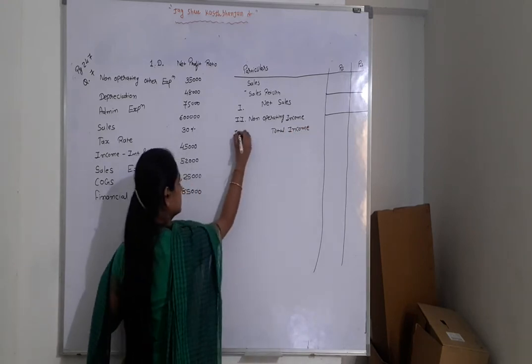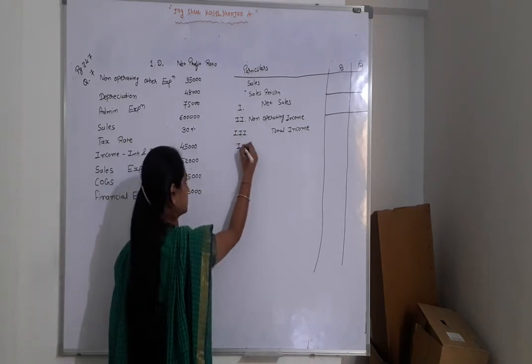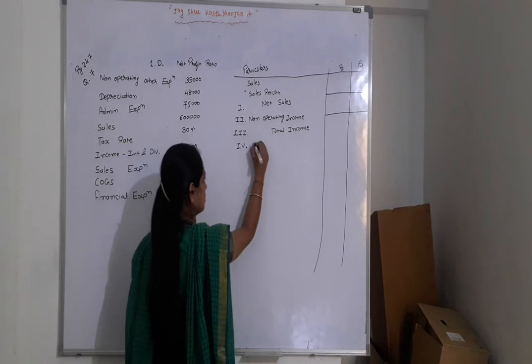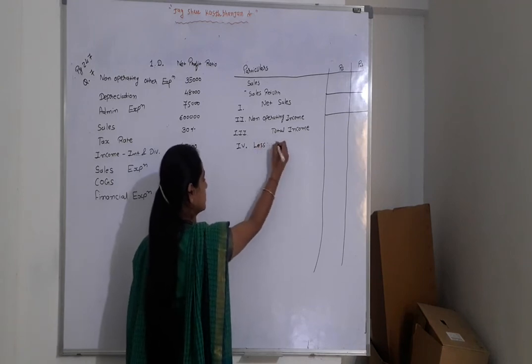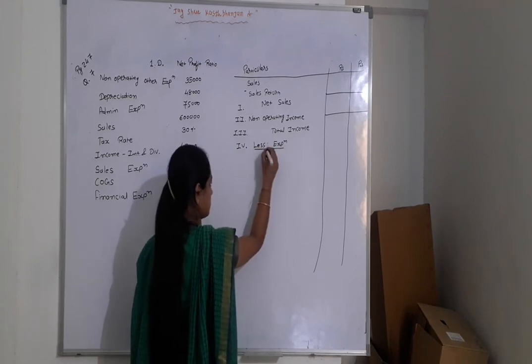That is third. Okay. Now fourth, less expenses. Then we have to subtract expenses from that.